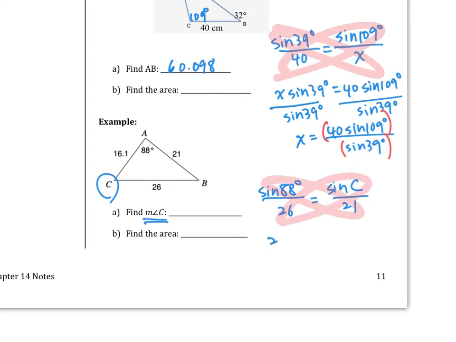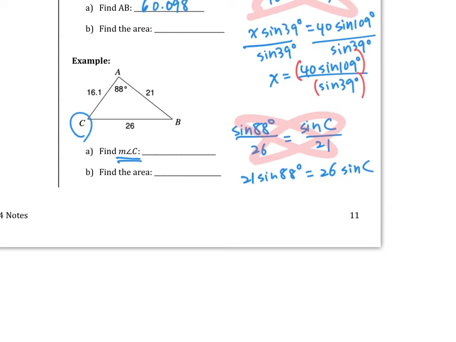Now, 21 sine 88 degrees is 26 sine C. Okay, now think about how you're going to find C. You're going to get rid of things that are farthest away from C. So C is this one here, stuck inside sine and then multiplied by 26. So the first thing to go is get rid of this 26. So we're going to divide everything by 26.